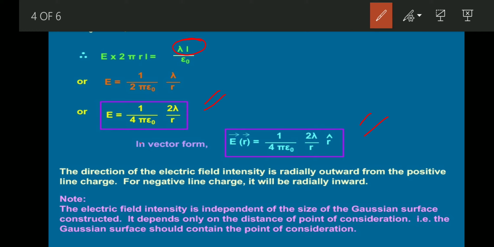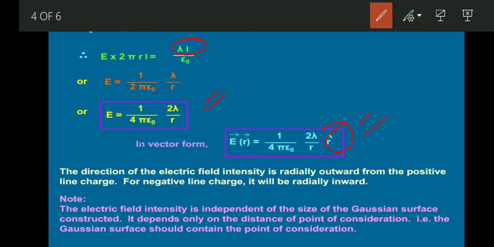Why r unit vector? Because it indicates the direction, which is perpendicularly outward. Since the wire is positively charged, this r unit vector will be perpendicularly outward, and in case it is a negatively charged wire, then the direction will be radially inwards.